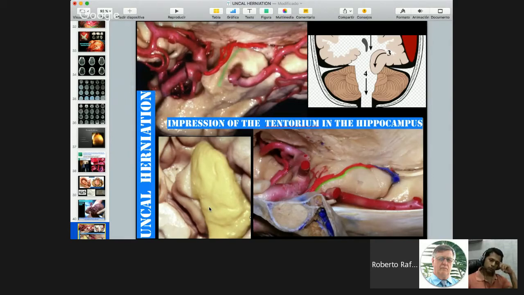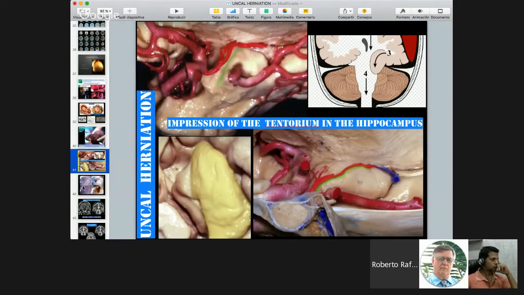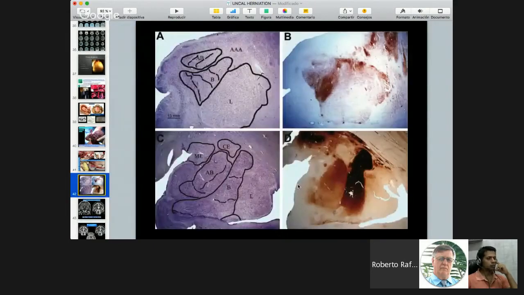Again, a narrow delivery canal with hypoxia together can produce an important lesion in the hippocampus area. This is a human specimen with different grades of compression and hemorrhagic lesion of the hippocampus.